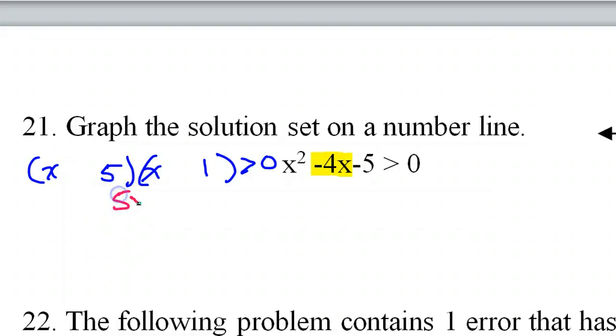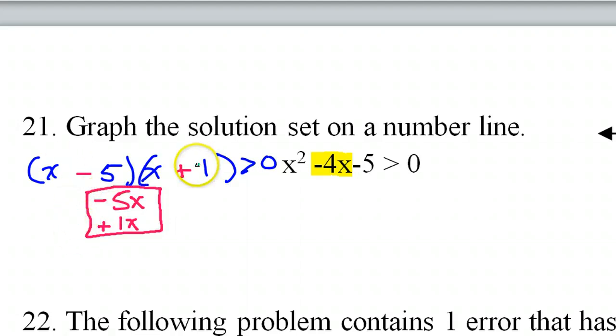Inner, I have 5x. Outer, I have 1x. If I want a negative 4x, I need a negative 5 and a positive 1. So there's my negative 5 and there's my positive 1. Luckily, a negative 5 times a positive 1 does make a negative 5, so this is working out great.